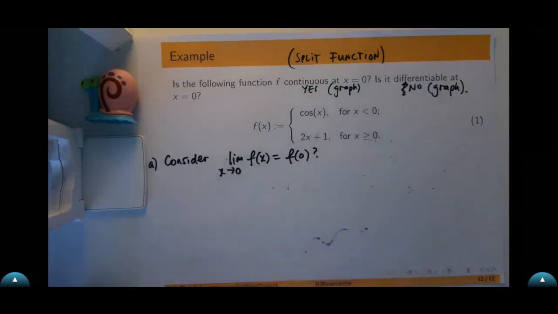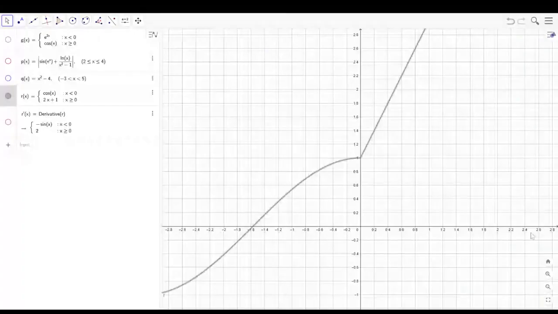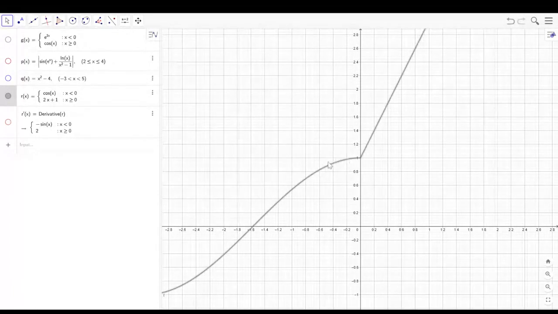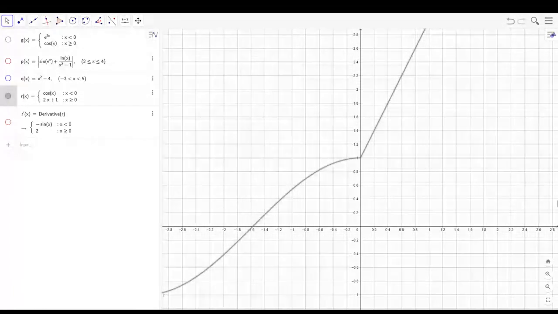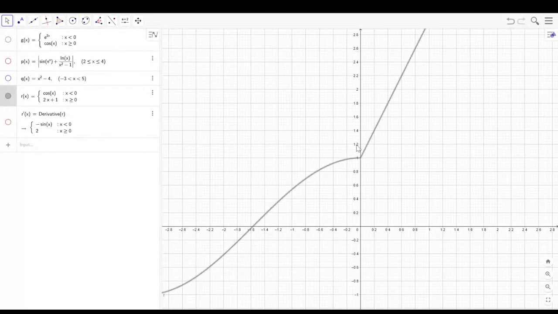You've got a left-hand limit and a right-hand limit. So let me go back to our picture. Who can tell me what is the left-hand limit as x approaches 0 from the left? What is the actual limit there? It's 1. And from the right, it's also 1. And the value of the function is also 1. Yep, that's great. Keep those things coming in the chat.